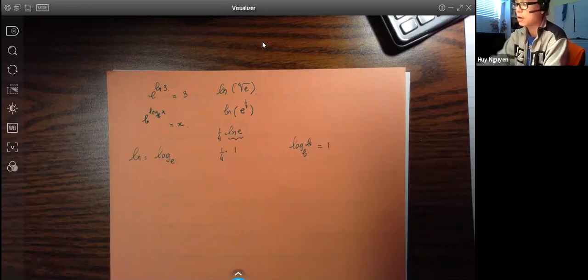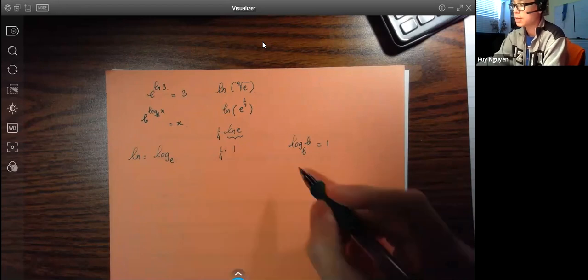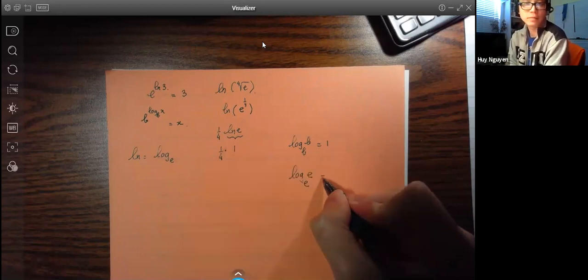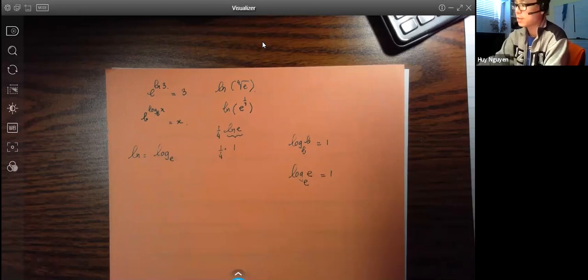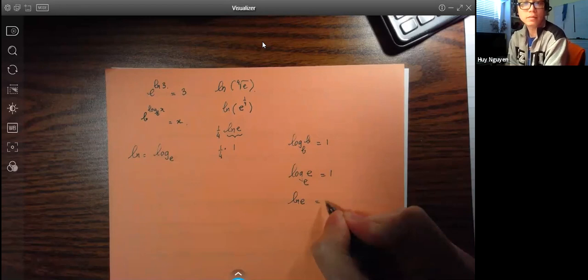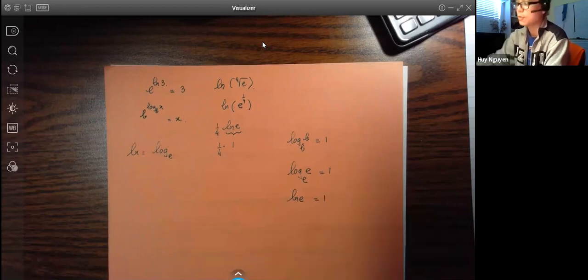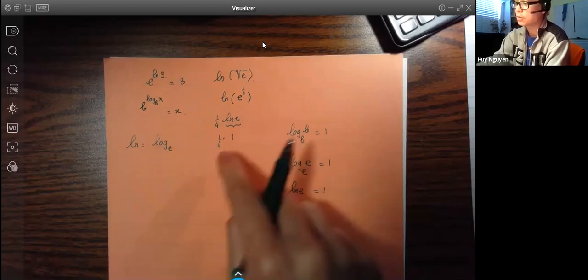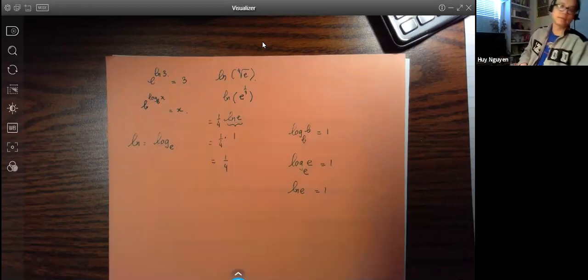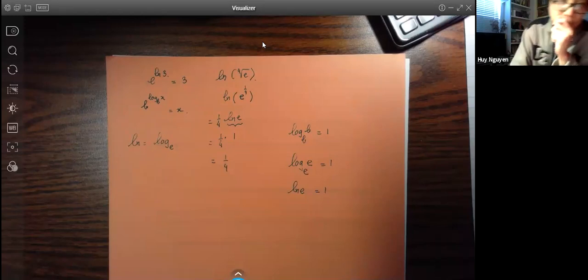This is natural log, base e of e equals 1, which is the same as ln e equals 1. Okay, so 1/4 times 1 equals 1/4. And that's it. Got it?